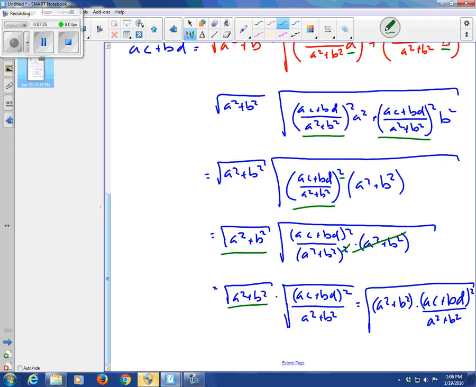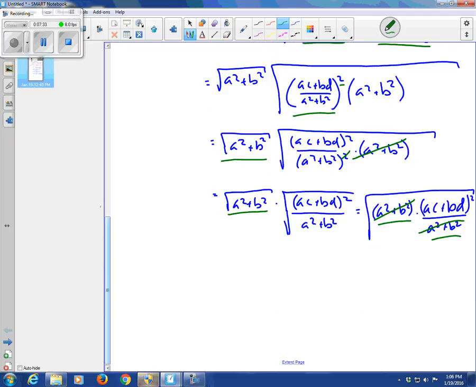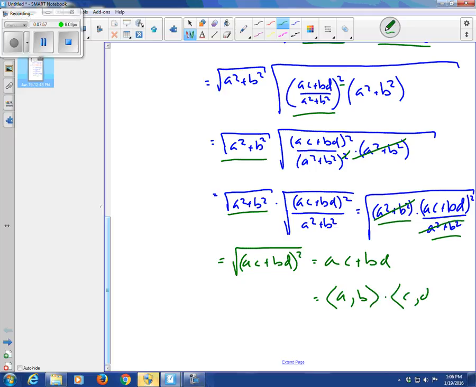And now what we have here is A squared plus B squared that we're multiplying by and dividing by, and these guys can also cancel out, and that leaves us with the square root of (AC plus BD) squared, which, square and square root canceling out, gives us AC plus BD, which is the dot product of AB and CD, which is our dot product of U and V.